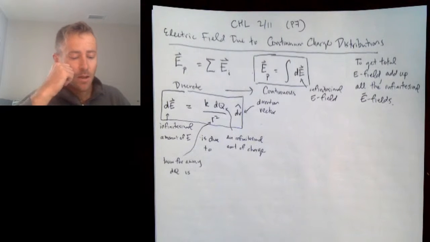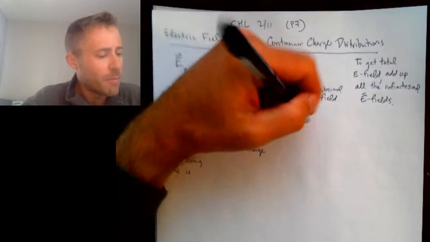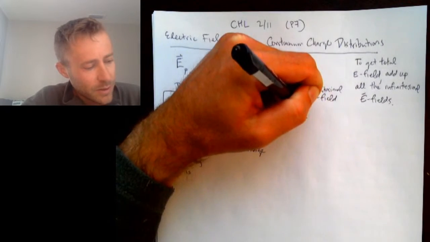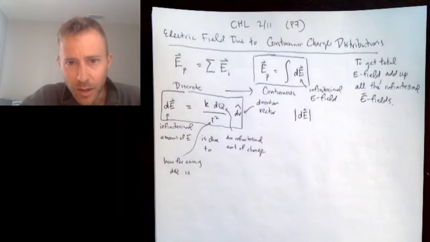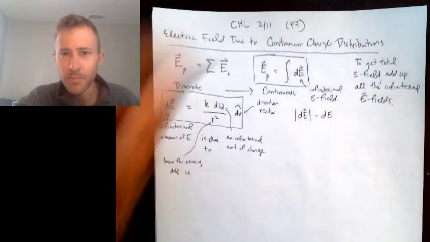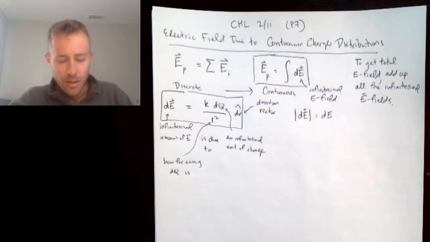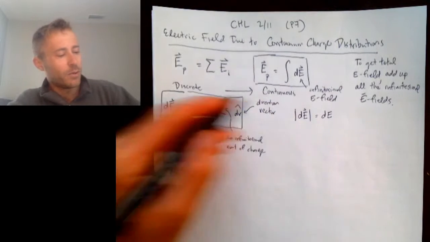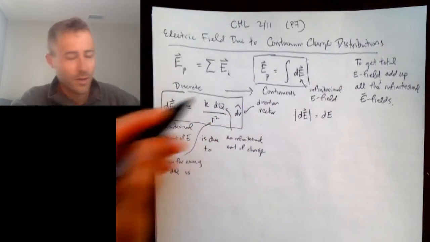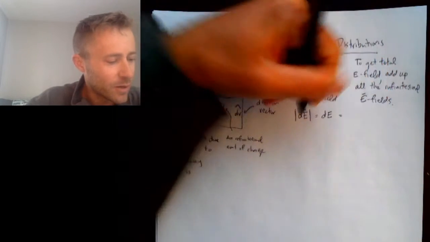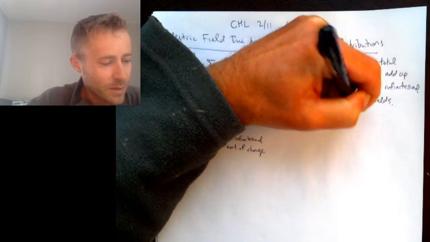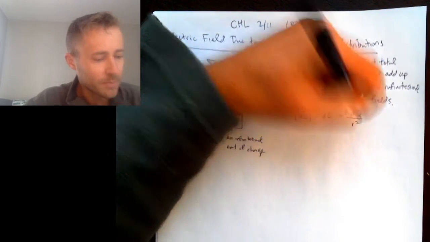All right. Now the magnitude of dE, which I will oftentimes just write as dE without the arrow over the top. To do that, we would just take away the direction vector because this is just a unit vector, right? So the magnitude of the infinitesimal electric field is K dq over r squared.